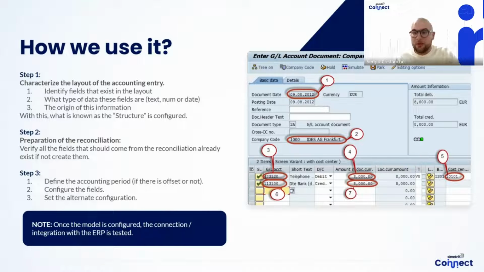That's step 1. Once you understand that, you will create something inside the Symmetric tool, in the accounting translator module, that is called a structure. That structure is basically the layout. You need to create these fields, establish the format, and establish the origin. Once you have that, you go to step 2.